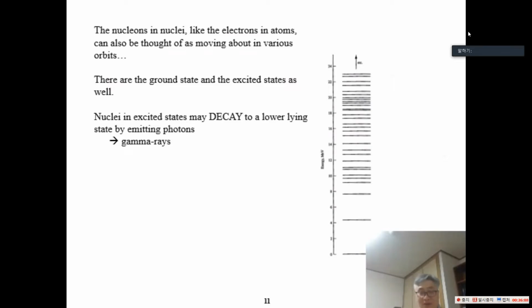And when the excited state becomes ground state, the difference in orbital energy comes out in the form of radiation, 방사선.